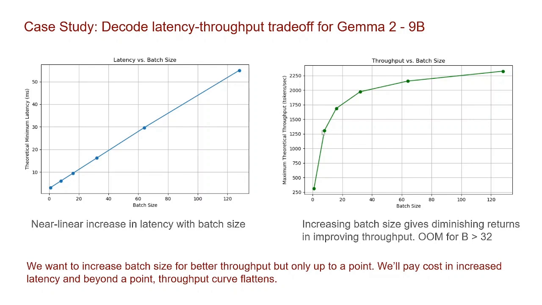So we need to find a compromise so that the throughput is reasonably good, the hardware is utilized decently well at a reasonable cost, and the latency is also within limit. As we increase the batch size, the throughput only increases up to a point, but the latency keeps on increasing, and we might not be able to even accommodate larger batch sizes on whatever GPU we have.